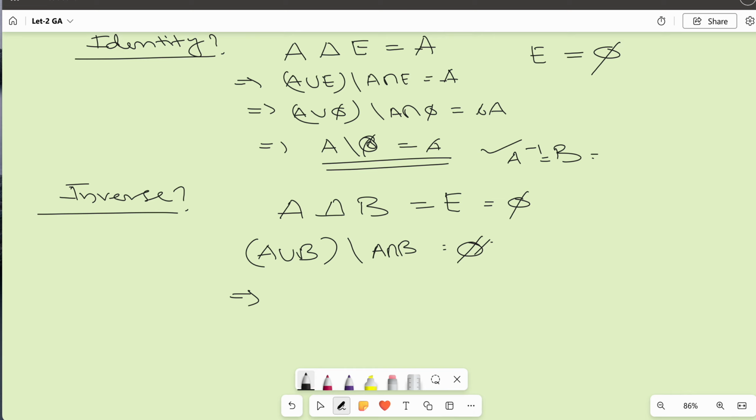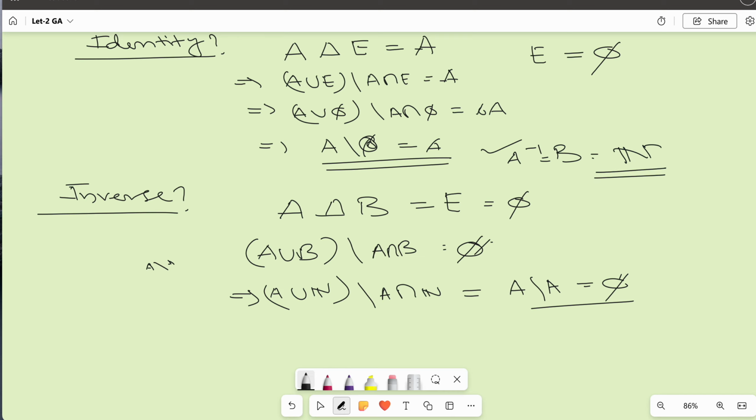If you take B to be A, then A union A is A, minus A intersection A, which is A, and that is empty. So the possible choice for B is A. This works for every A, so the inverse of A is A.